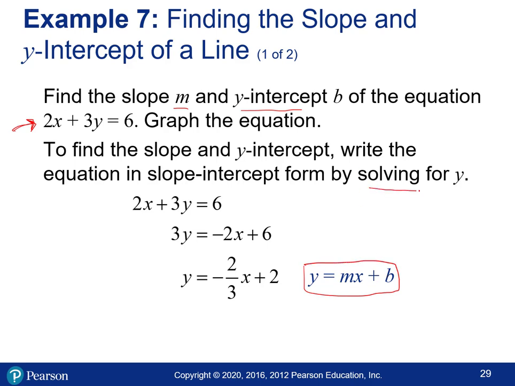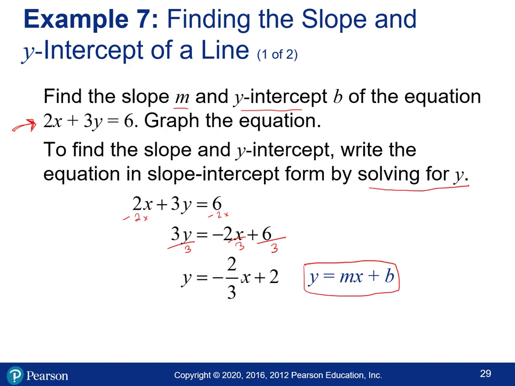So if we solve for y, we can match up what m should be and what b is. So take your equation, start solving for y. We'll subtract 2x from both sides because I'm trying to solve for y. Then I have 3y equals negative 2x plus 6. And then solving for y, I'll divide everything by 3. So y equals negative 2/3 x plus 2.